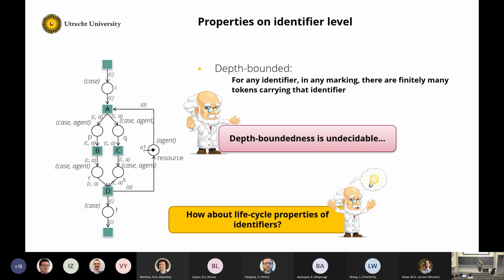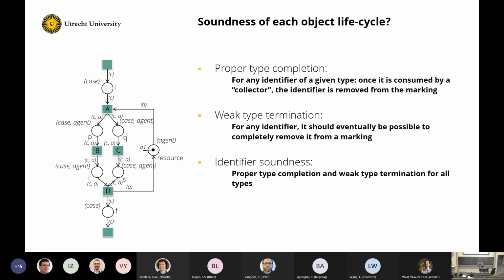But how about those life cycle properties I just roughly sketched in this webshop example? If I talk a bit more about this, I could say something like proper type completion, because what I'm interested in is each case behaving nicely. So I could ask, what is the life cycle of this single case, or the life cycle of agents, and is that behaving nicely?